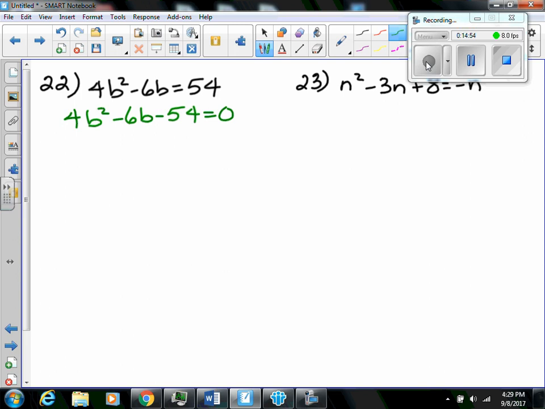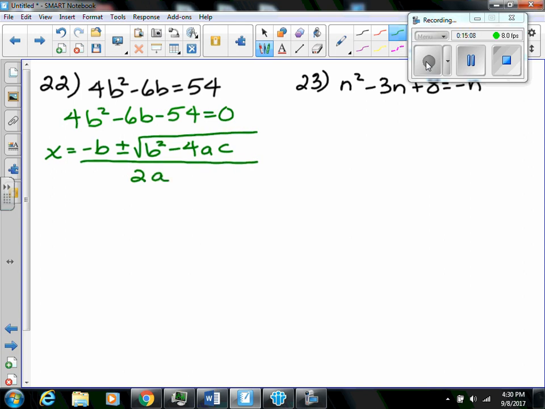So again, write the formula. X equals negative b plus or minus square root of b squared minus 4ac all over 2a. Okay, now if I substitute in, negative b means the opposite of my original b.